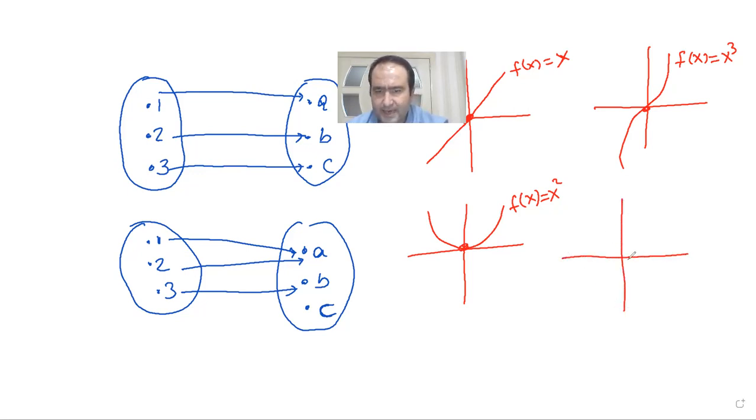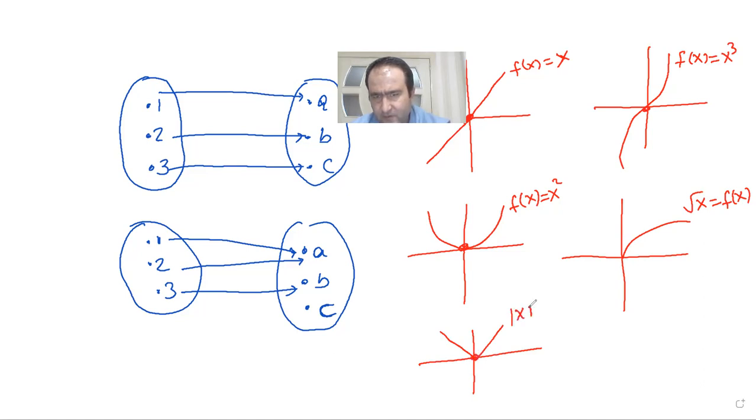Square root of x, like this. And absolute value of x.